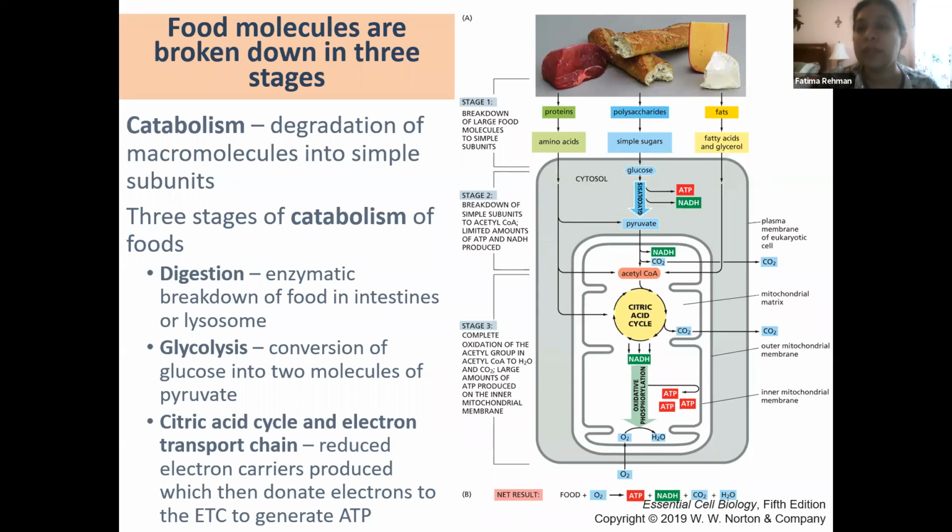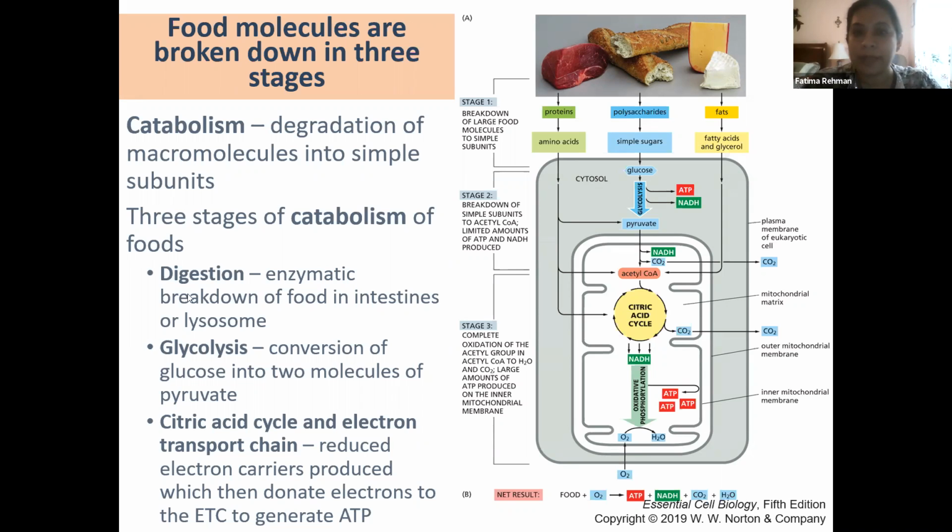And then those carriers will get shuttled into the mitochondrial inner matrix and go through the electron transport chain, which is where the majority of our energy is produced through oxidative phosphorylation.